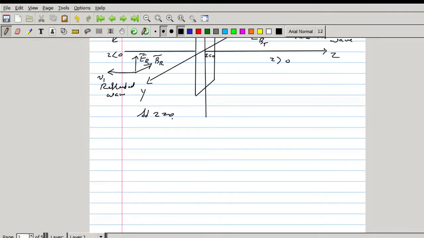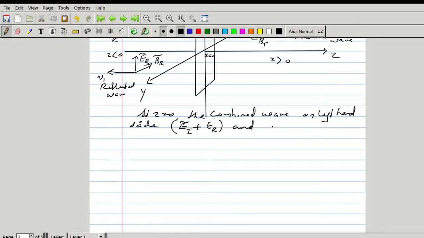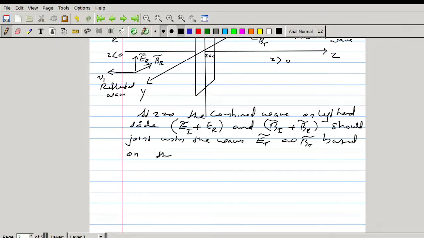The combined wave EI plus ER and BI plus BR should join with the transmitted waves E transmitted and B transmitted, based on the boundary conditions, equations 5, 6, 7 and 8.